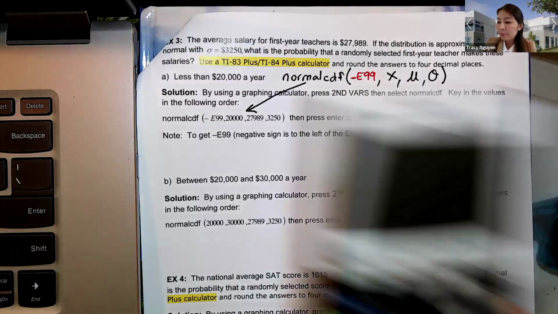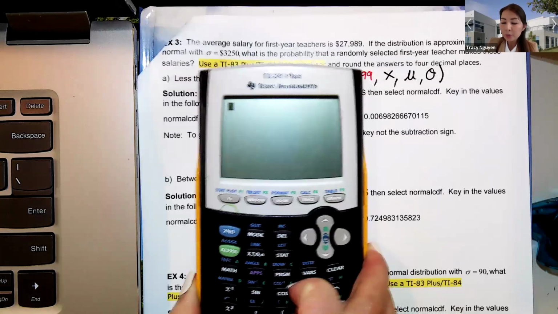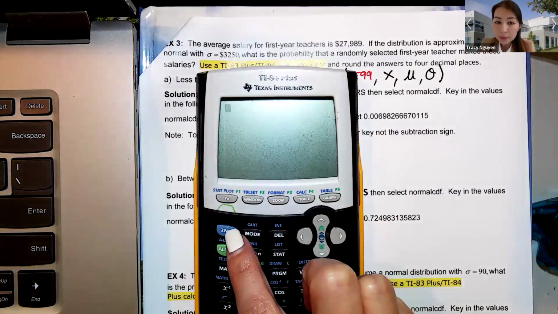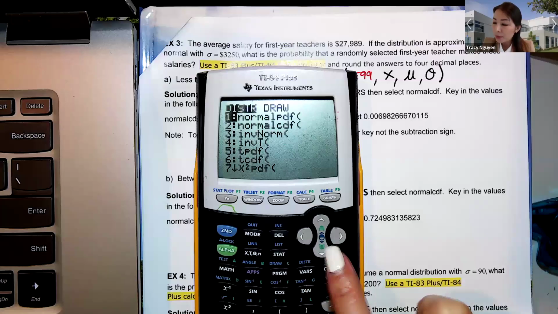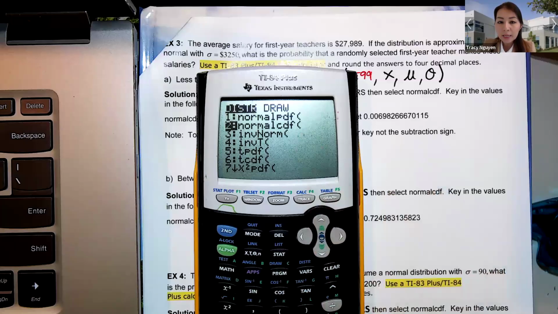All right, so let me show you how to do it on a graphing calculator, and I'll mirror image with the phone app as well. We go to second, then VARS, which is on the fourth column of our calculator. We use our down arrow to go to normal CDF.